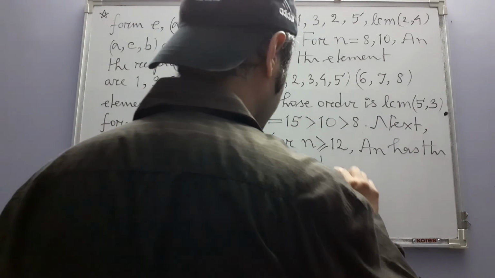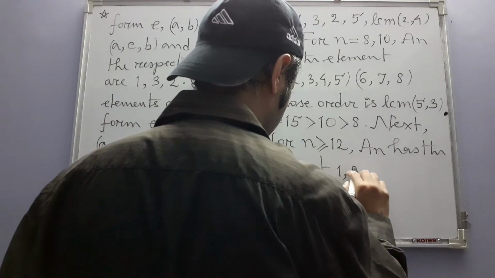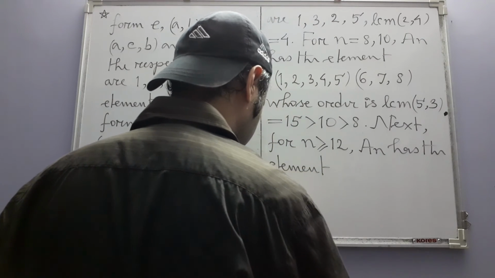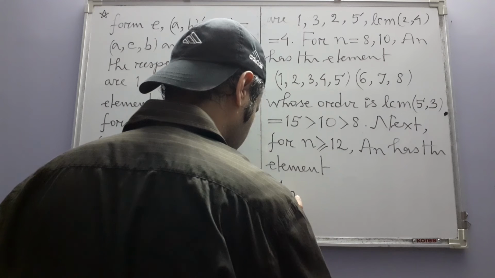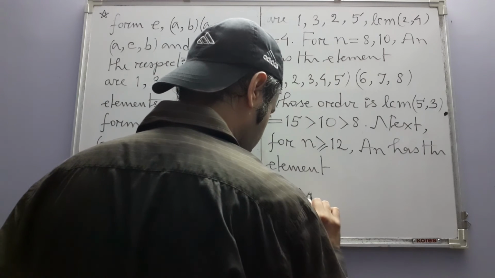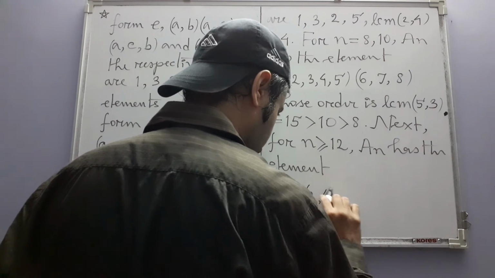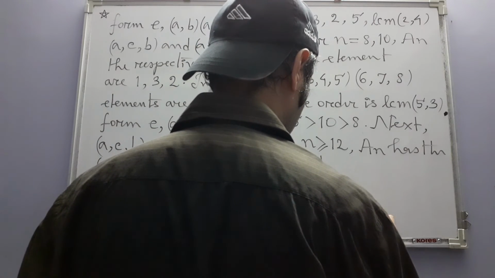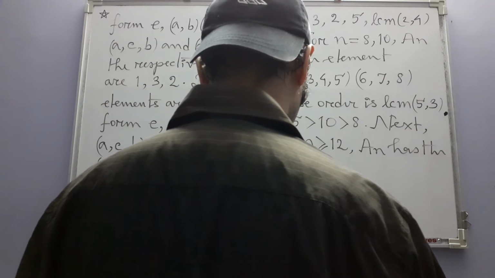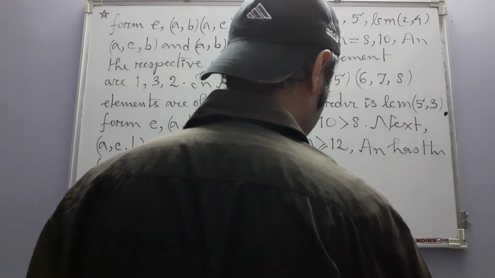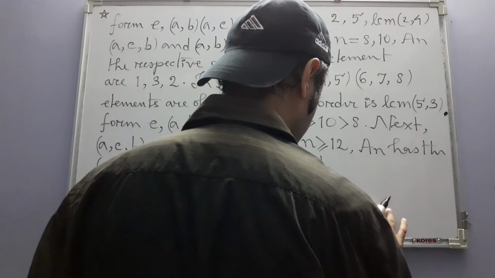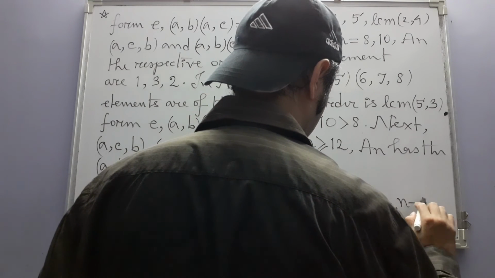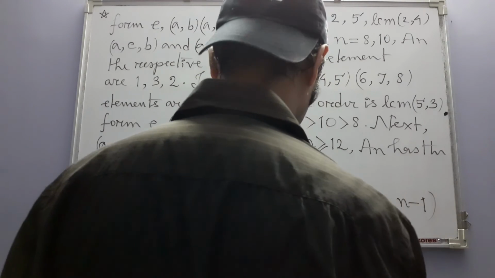In this case, this is the element (1, 2)(3, 4, 5, 6, ..., n minus 1).